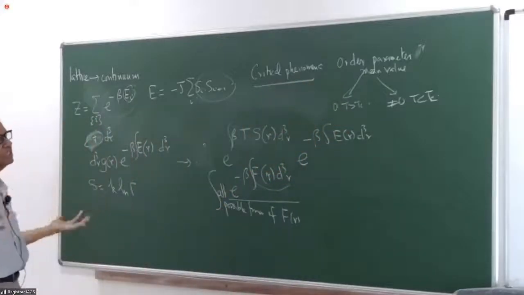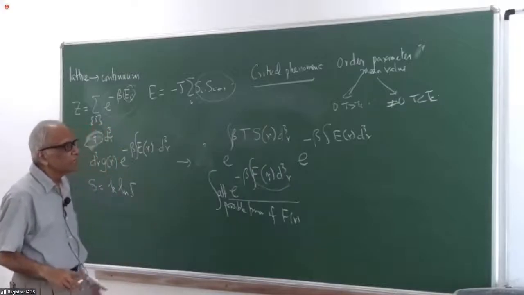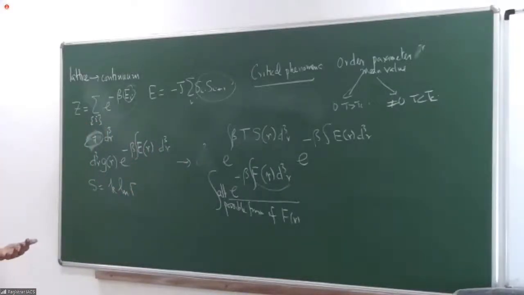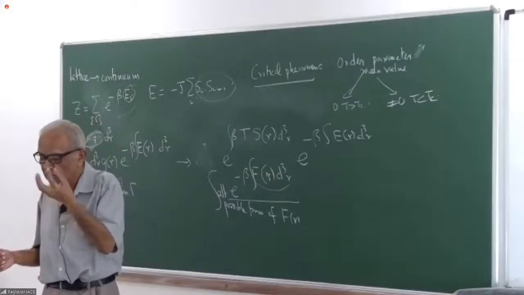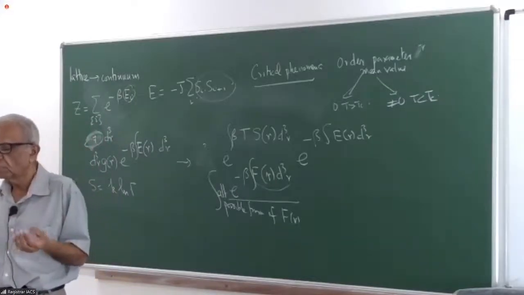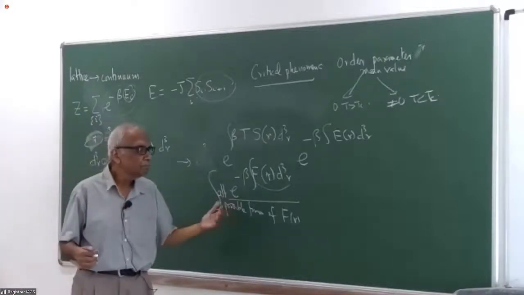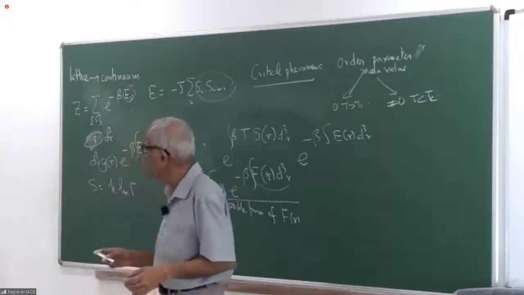Instead of calling it a density difference, you just call it a magnetization. So this word magnetization, which we will be using, is a loose word, meaning that essentially we are talking about something which has zero expectation value above Tc and non-zero expectation value below Tc. That is what the order parameter is all about.